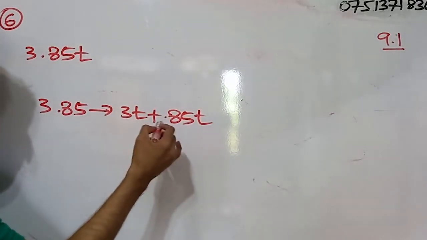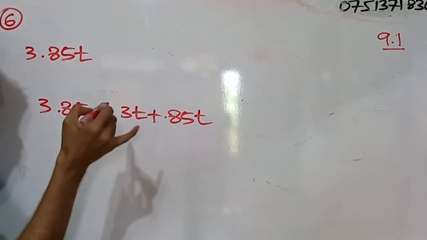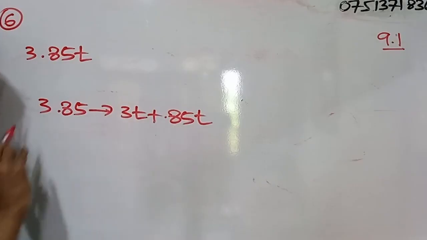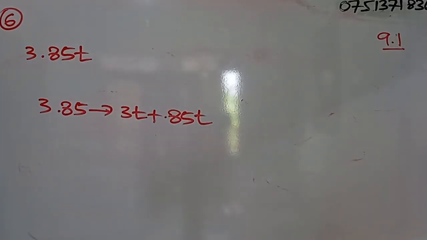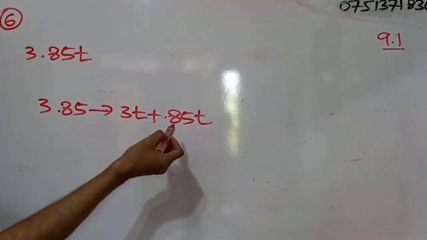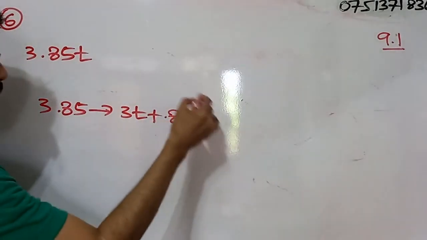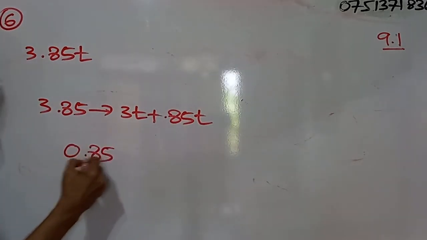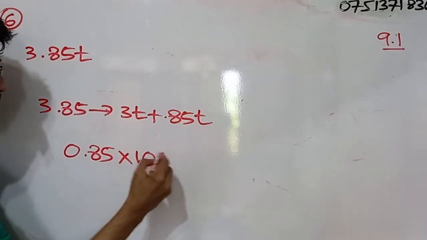So if I add these values together, this is 3 tons and this is 0.85. Right? So when I add these together, this becomes 3.85. Now I multiply 0.85 by 1000.